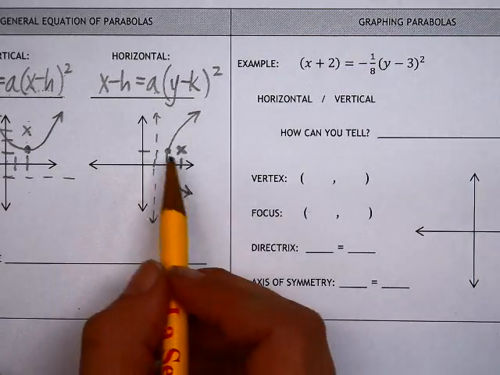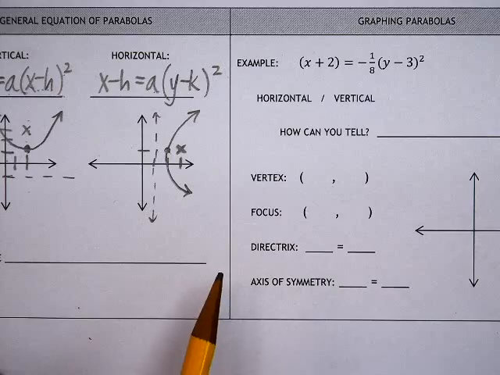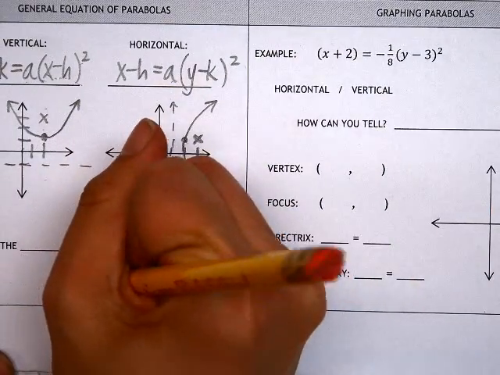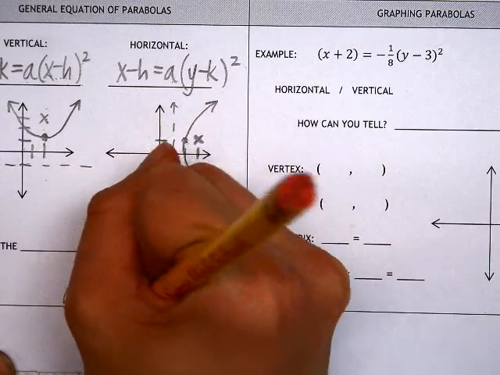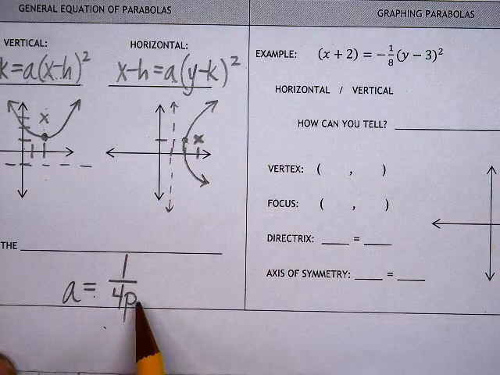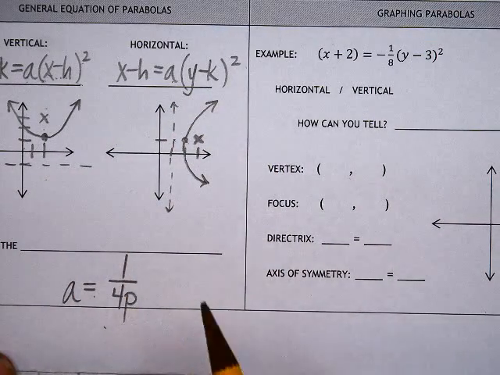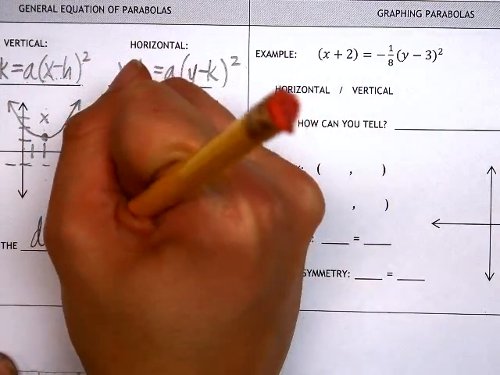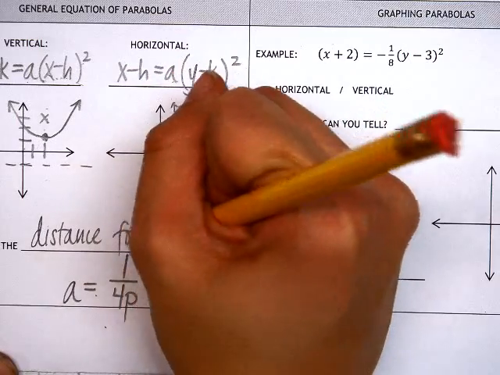Now, that a value, the part that controls whether we're skinny or fat, is based on a general formula. That general formula comes from 1 over 4p, where p is the distance from the focus to the vertex.